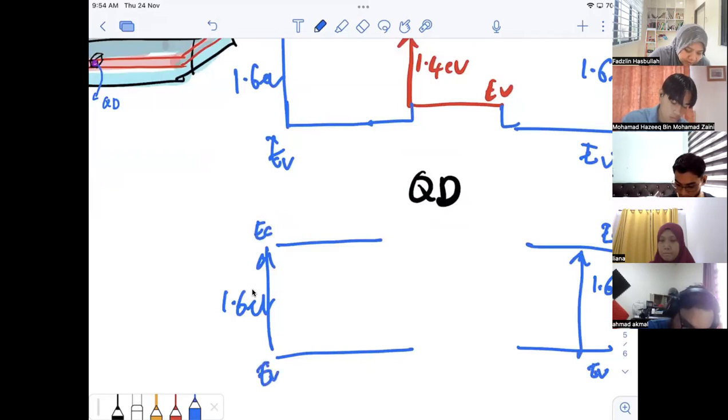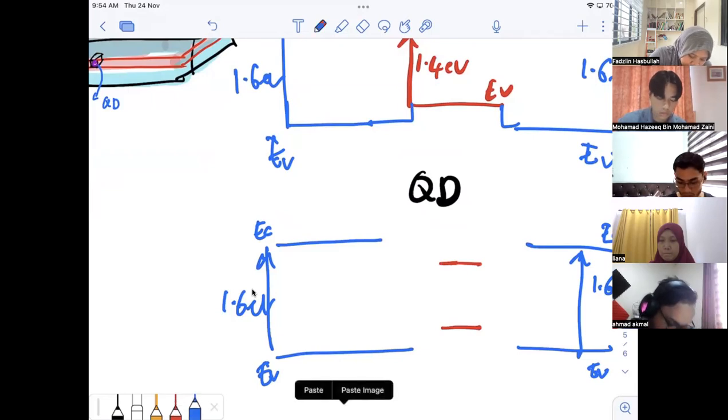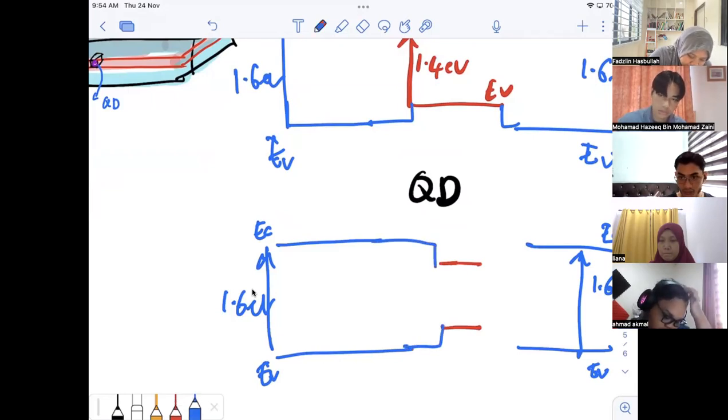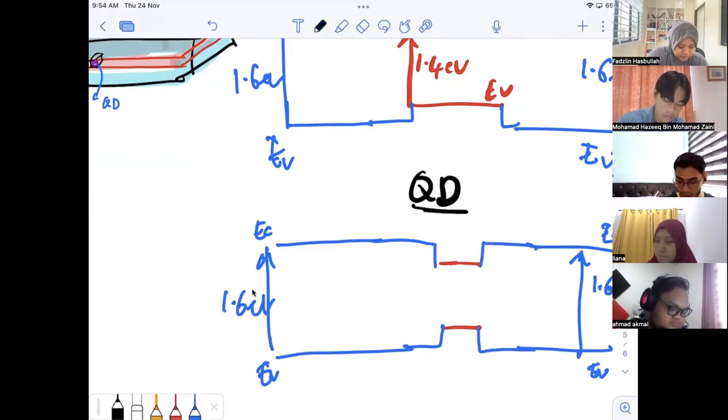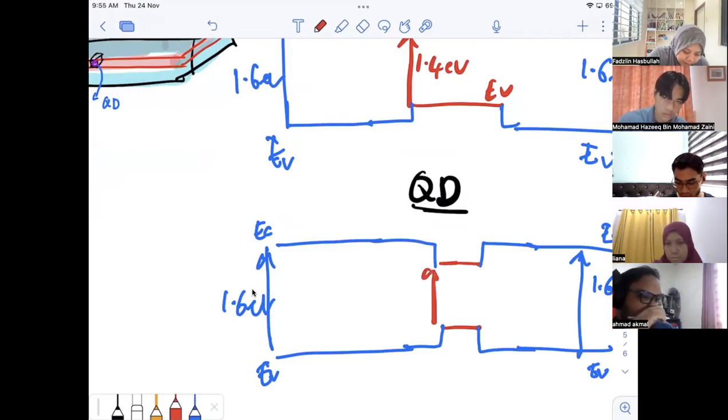Let's see. So this is the quantum dot. And the material is 1.4 EV gallium arsenide.